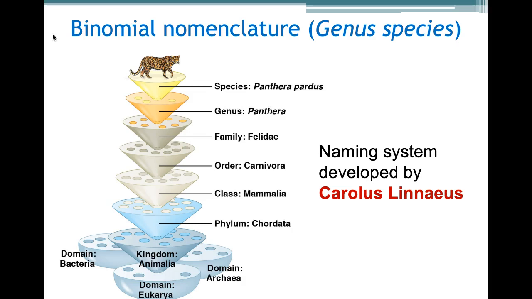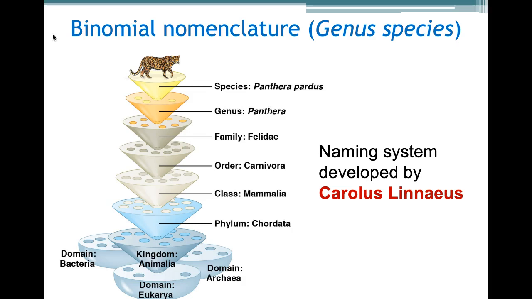Looking at the diagram on the left, this is a different way of looking at it. It's not going like the last slide, top down, general to specific. This is the same thing, just flip-flopped. At the bottom, domain Eukarya is for organisms which have eukaryotic cells, an extremely broad category.